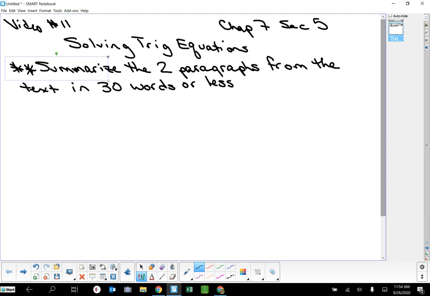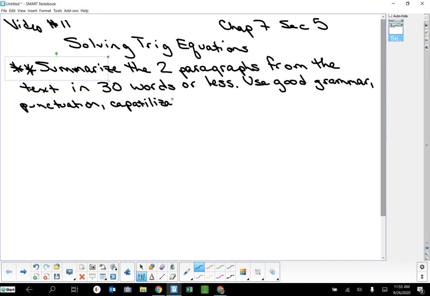2 paragraphs from the text in 30 words or less. Use good grammar, punctuation, capitalization, etc. When you're done, I want you to do a word count and box your word count.